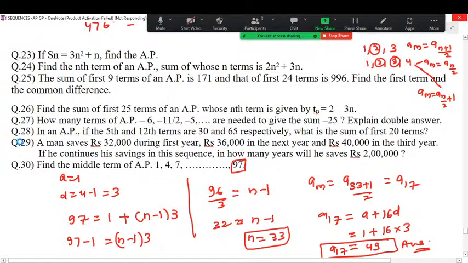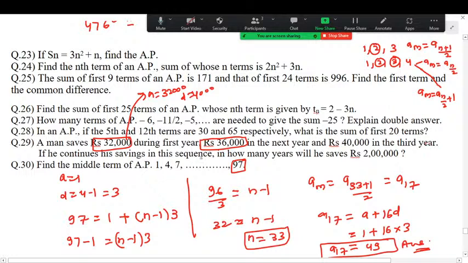Alright. Can you solve the 29th question, number 29? In 29 there is an amount of 32,000 in the first year, then it is increased by 36,000. From here you can just conclude that the first term is 32k, and the common difference is actually 4k, and then 40,000 in the third year.